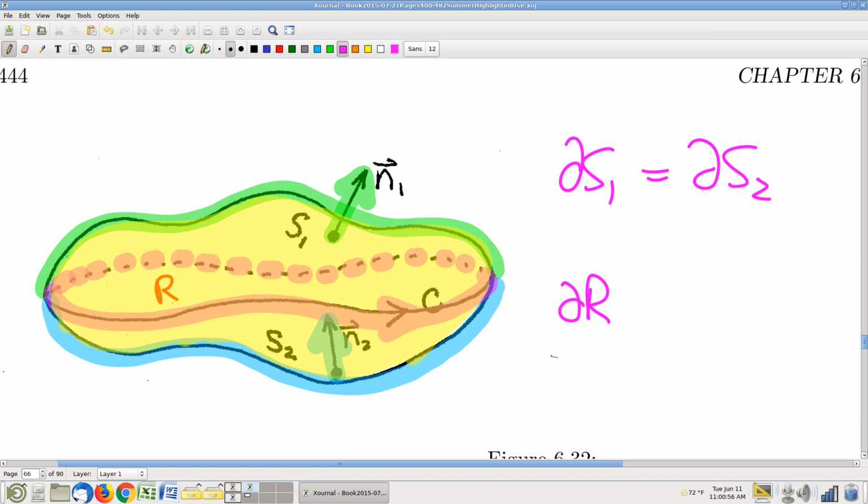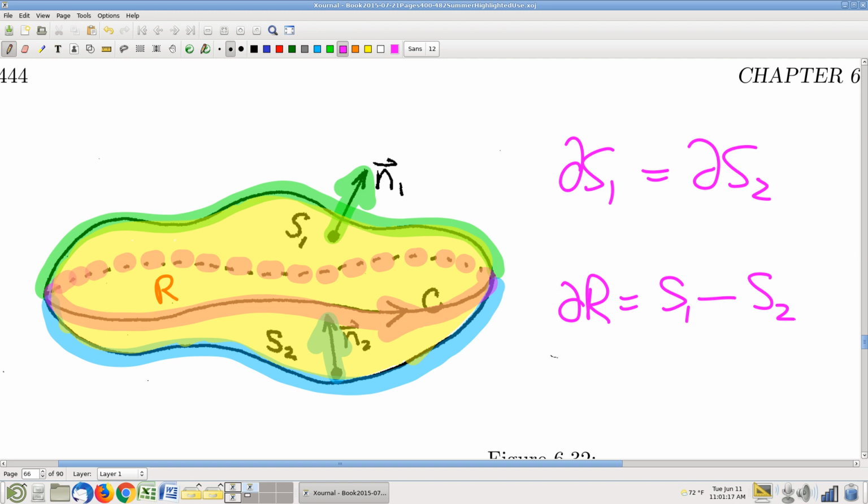Whereas S2 is oriented conspicuously inward, upward, into the solid. So it's not S1 plus S2. It's S1 minus S2. And there's that pesky little minus sign again, right?